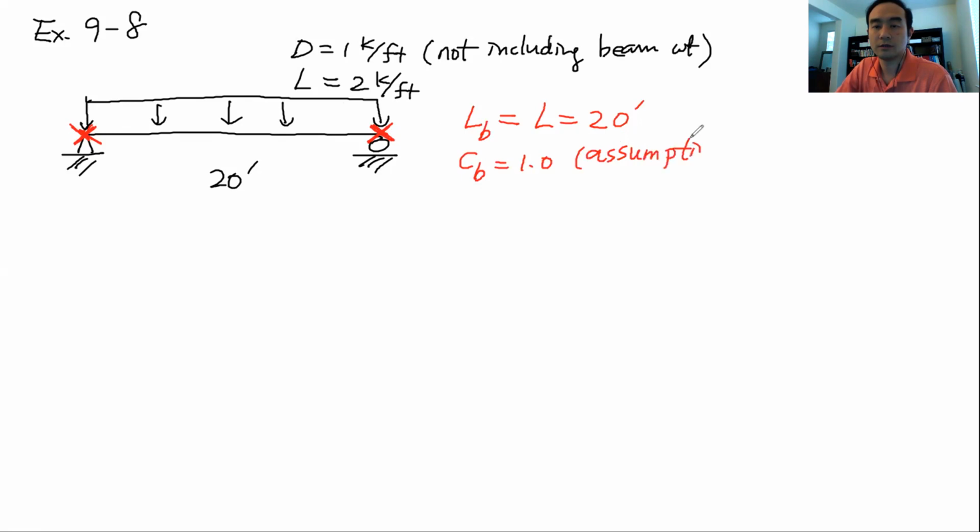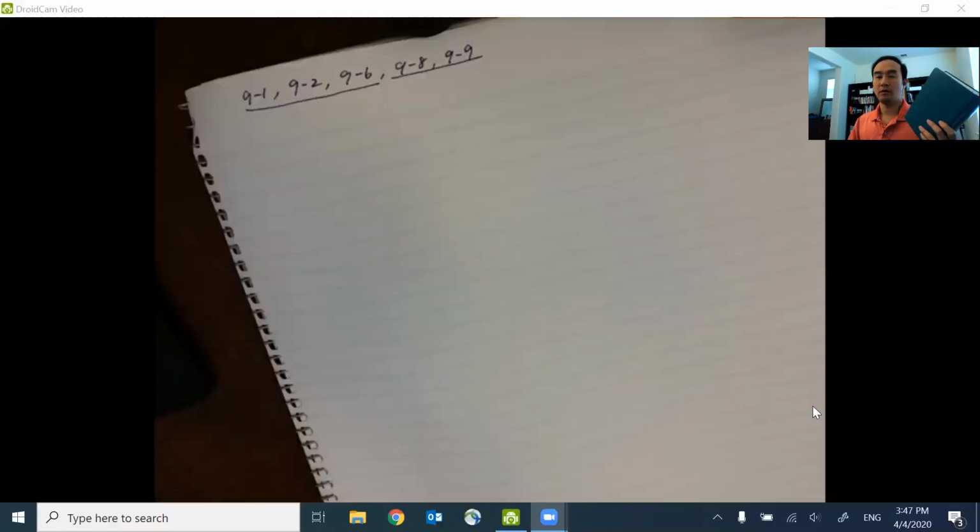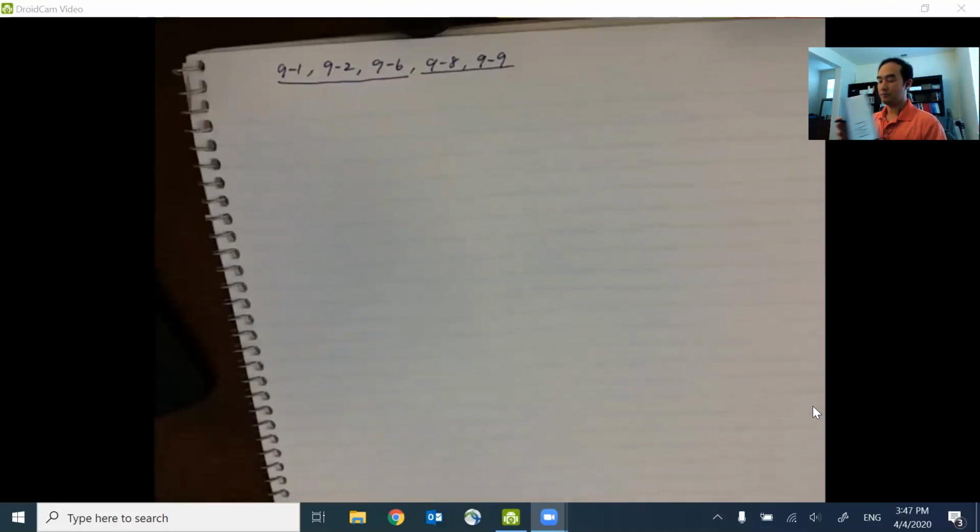This is based on the assumption. And by the way, we already talked about the Cb factor, which is provided by table 3-1. So I'm going to go back to table 3-1 from our steel manual.